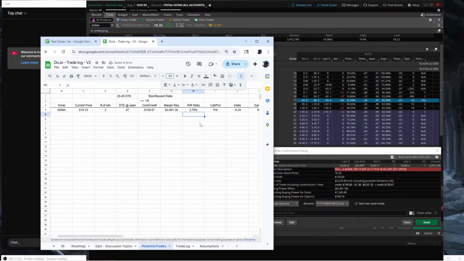So 3.78, which is the total credit received. And we're going to go 60% profit target here. So if we do it like that, we're going to make it a little bit more complicated, but we want this. This time, let's do it like that.